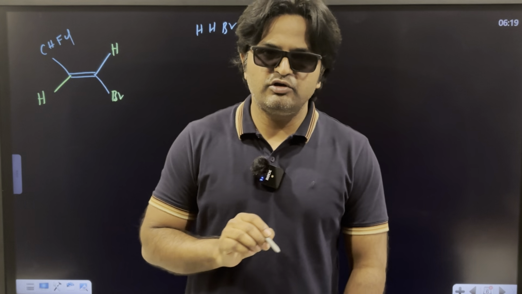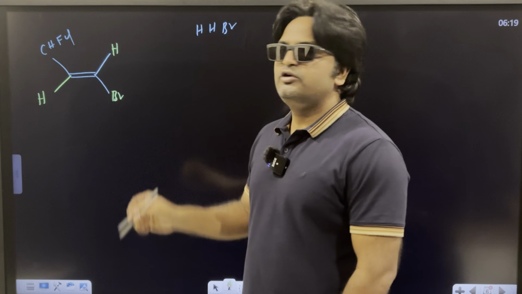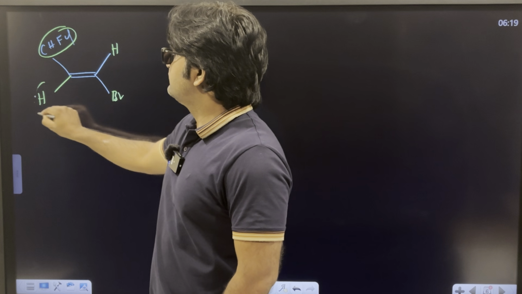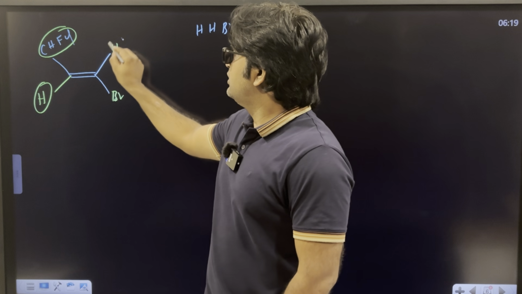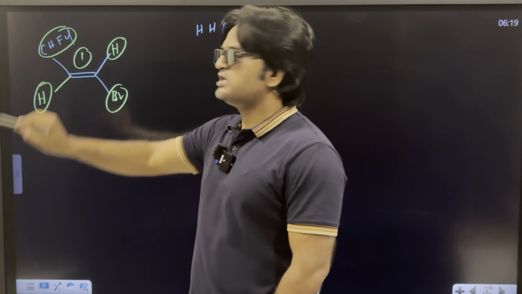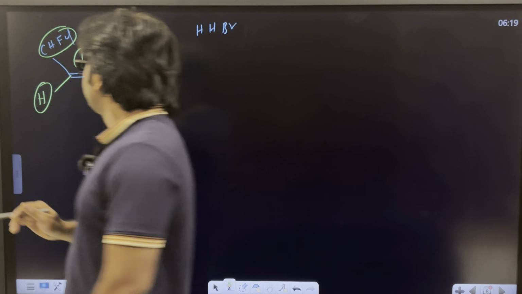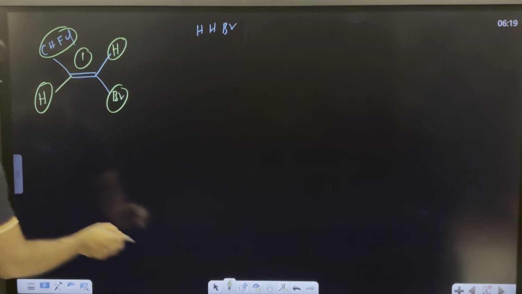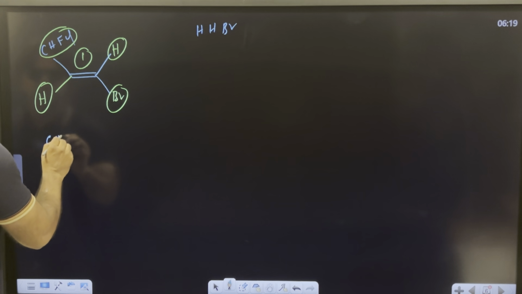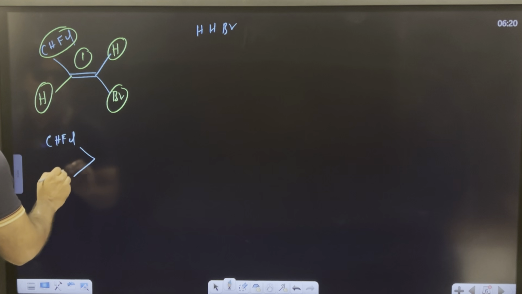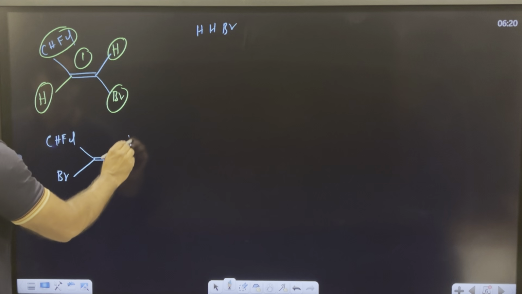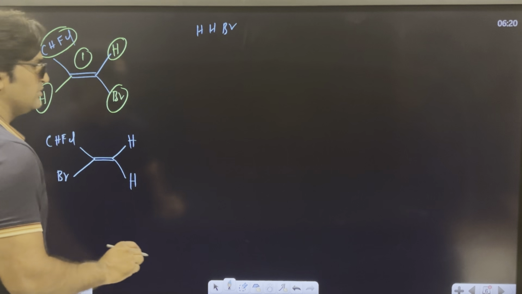Is it possible to produce geometrical isomers? Yes, we can produce geometrical isomers. What is the reason? CH fluorine chlorine is different from hydrogen, and hydrogen is different from bromine. Yes, this molecule can show geometrical isomerism. For example, bromine is connected to this carbon atom and the remaining two hydrogen atoms are connected to this carbon atom.